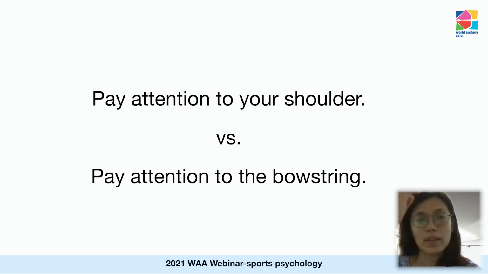So take archery as an example. The external focus of attention might be to concentrate on the ball, the string, the target, and the internal focus of attention is to concentrate on the shoulder, arm, wrist, or any body part. So are they different?